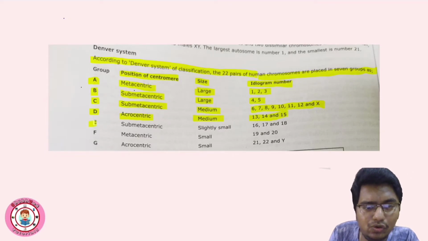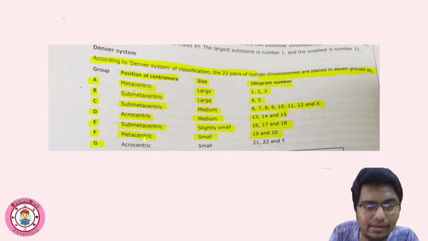Next group is E, submetacentric, slightly small size, 16, 17, 18. Then F group, metacentric, small size, idiogram number 19 and 20.